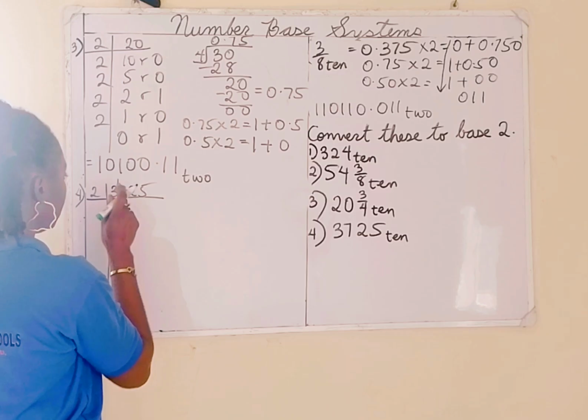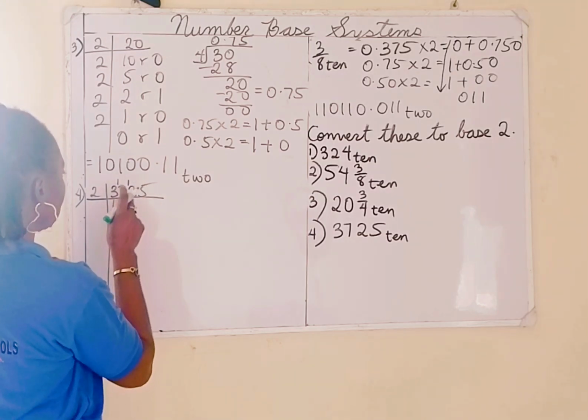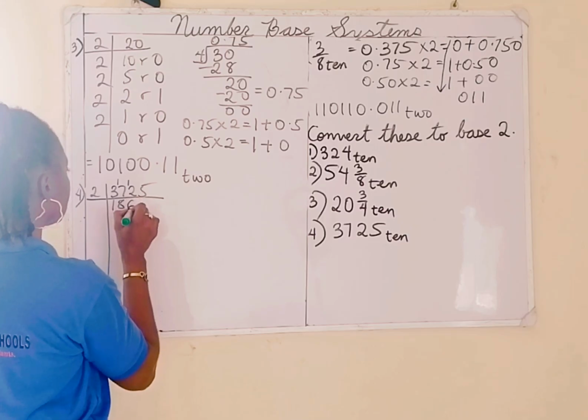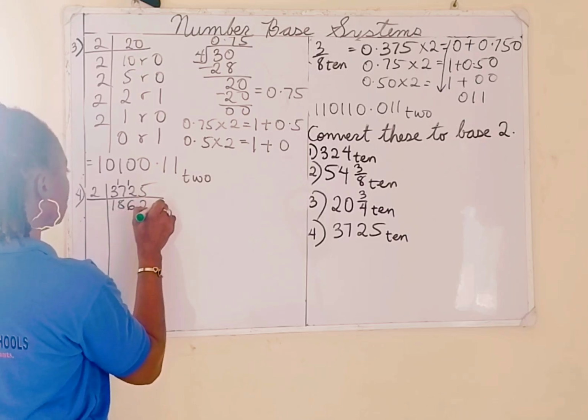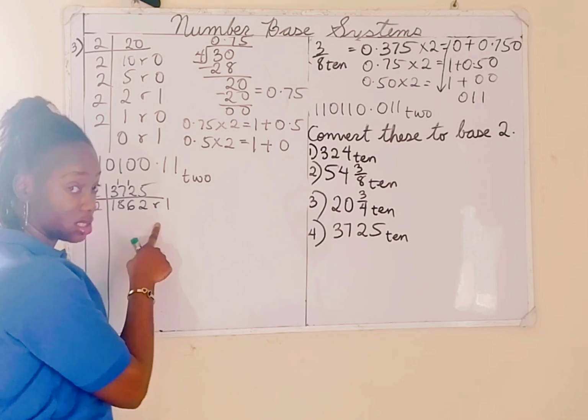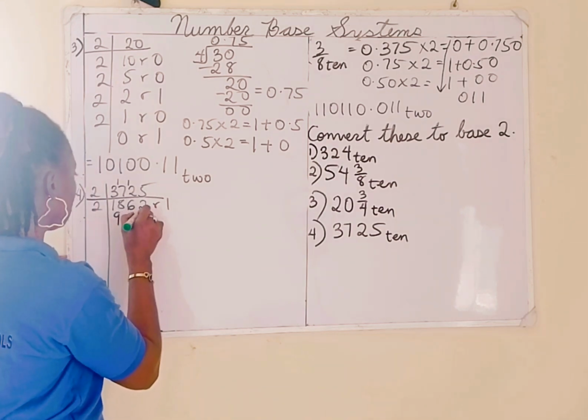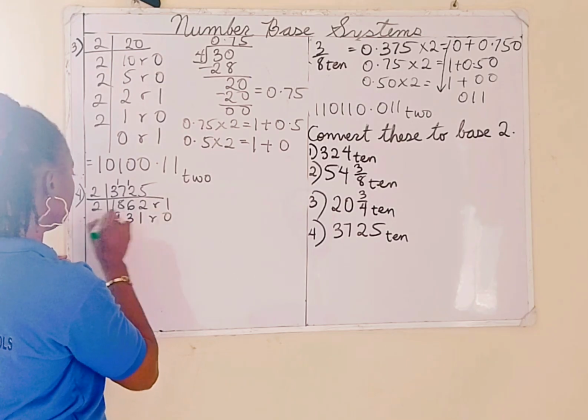Right? In 17, 8, remainder 1. In 12 is 6. In 5 is 2, remainder 1. Let's go again. 2 into 862, we have 9, 3, 1, remainder 0.